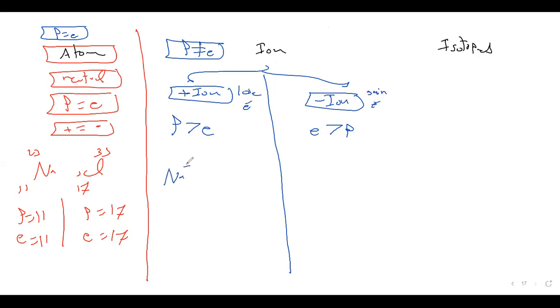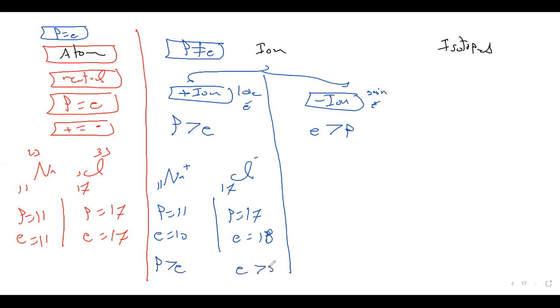For example, Na positive or Cl negative: protons equal 11, electrons equal 10; protons equal 17, electrons equal 18. So you'll find that protons are greater than electrons, and electrons are greater than protons. So what is meant by an ion? A charged atom, an atom after losing or gaining electrons.